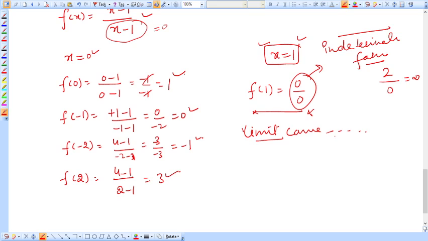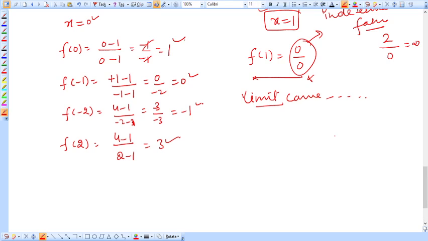So if we want to find out the value of f at 1, we are going to put some values of x which are quite close to 1. We are trying to see how this function behaves when we put a value quite close to 1, right?